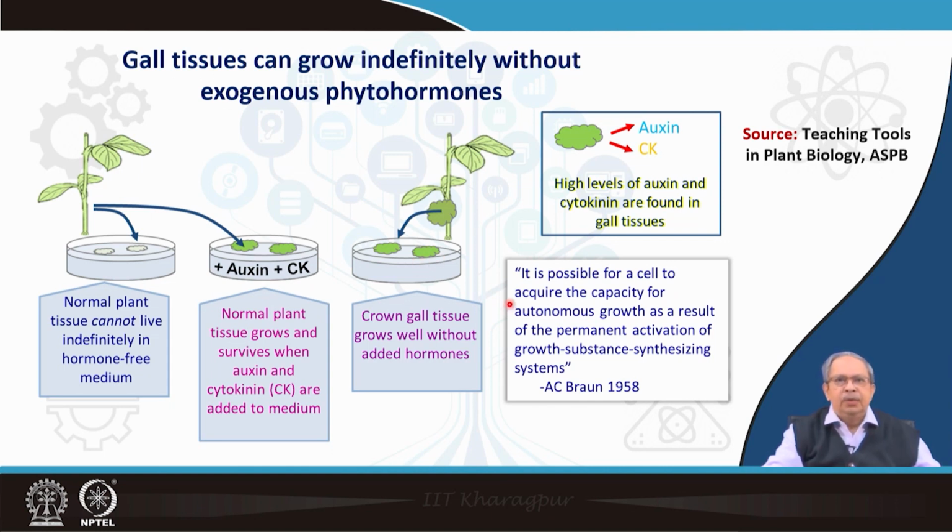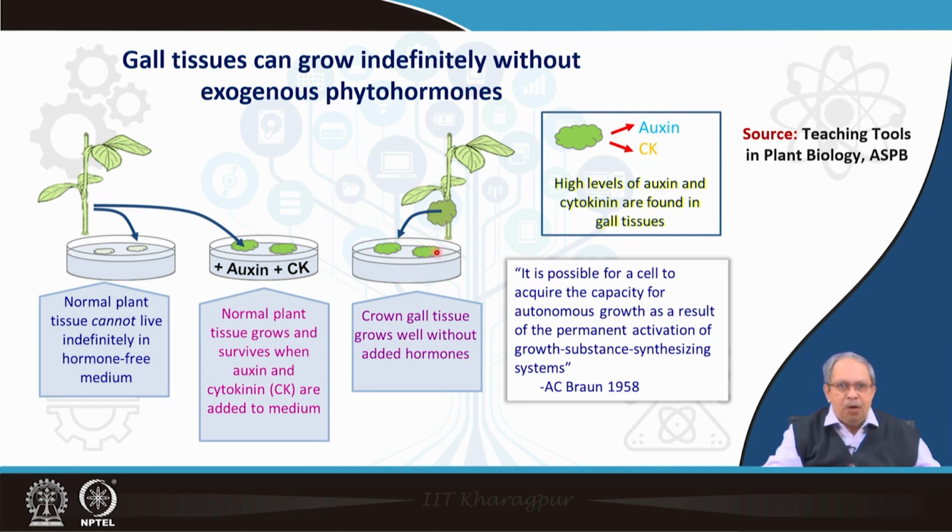The crown gall cell has the capacity for autonomous growth, as a result of permanent activation of growth substance synthesizing systems. That is what A.C. Braun mentioned in 1958.